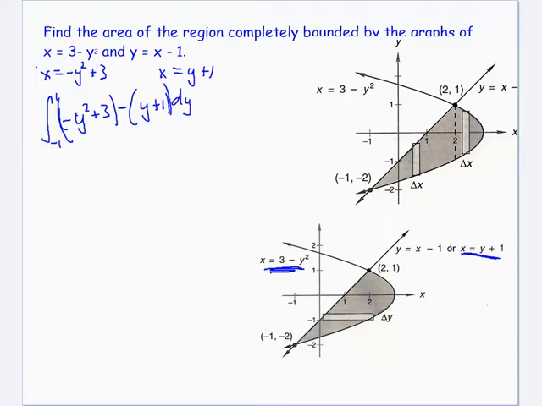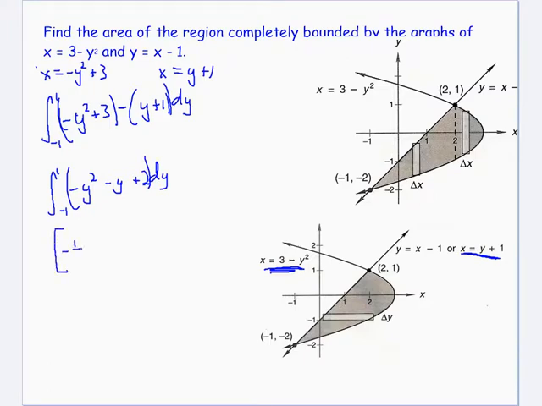It's pretty messy looking. Let's go ahead and add like terms. So we actually have a negative y squared, we have a 3 minus 1, so we'll have a 2, and then we have this negative y, dy. We can integrate.